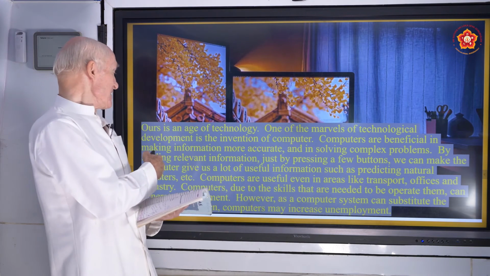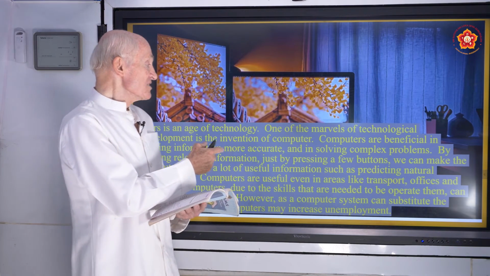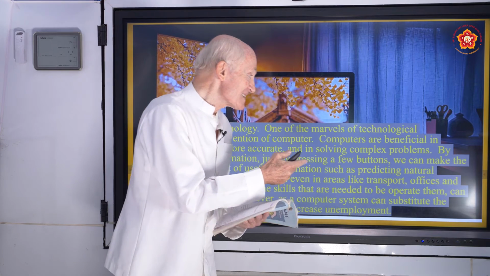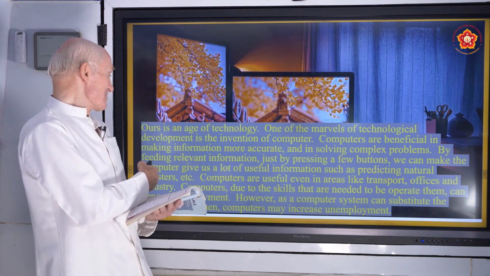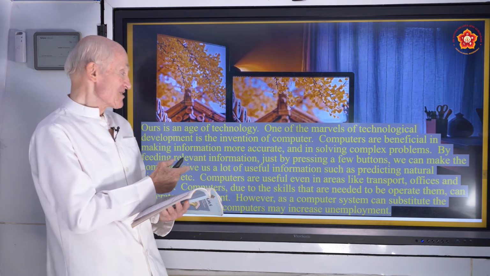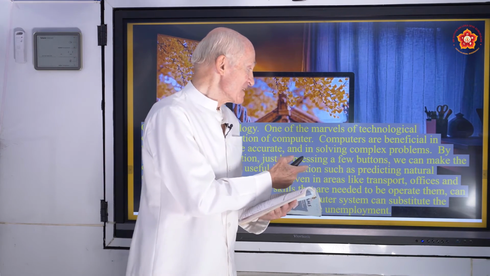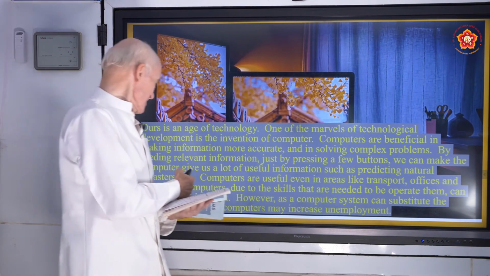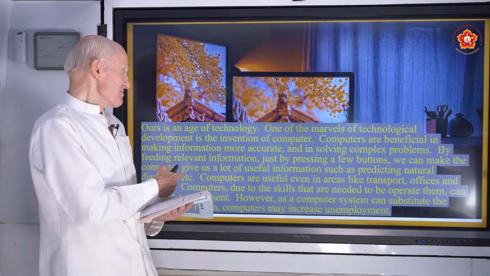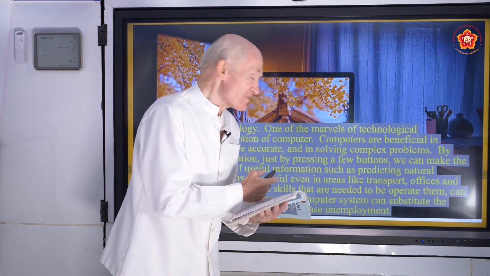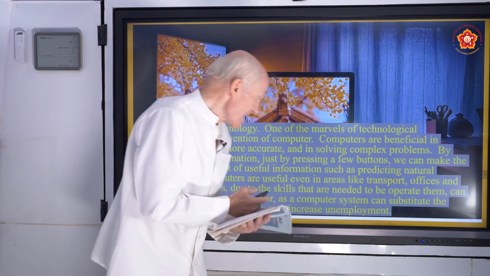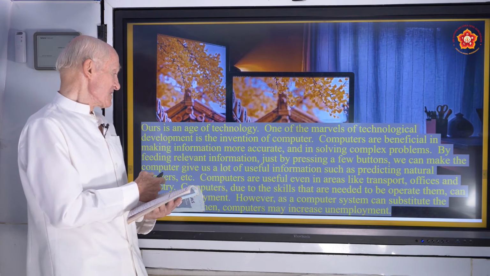By feeding the relevant information, just by pressing a few buttons, we can make the computers give us a lot of useful information, such as predictions of natural disasters. Computers are useful even in areas of life like transport, office, and industry.